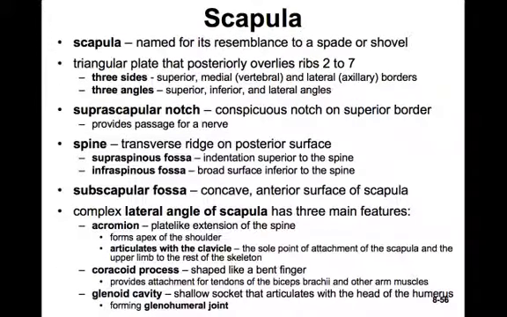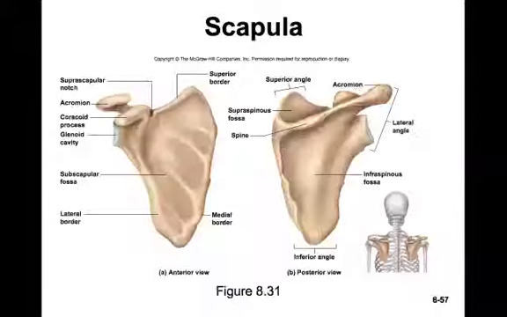The scapula is named for its resemblance to a shovel or spade. It's a triangular plate that overlies ribs 2 to 7. It has 3 sides and 3 angles. We have the medial border that's towards the middle of the back here. We have the lateral border on the lateral side, and the superior border is the top side of it.